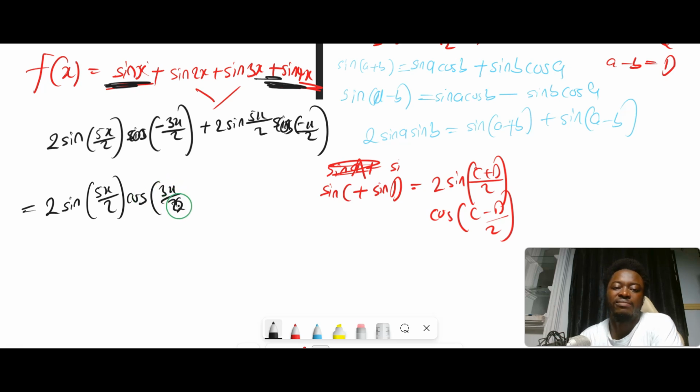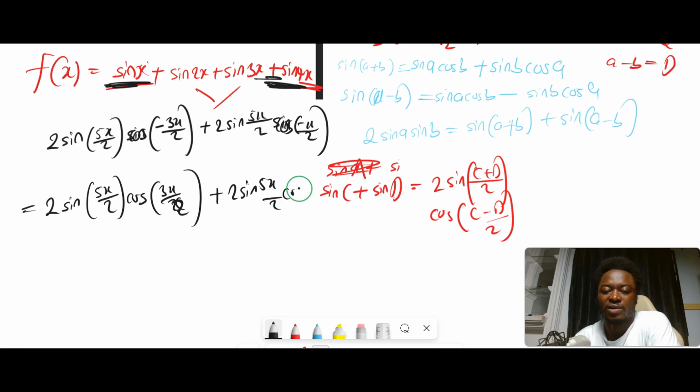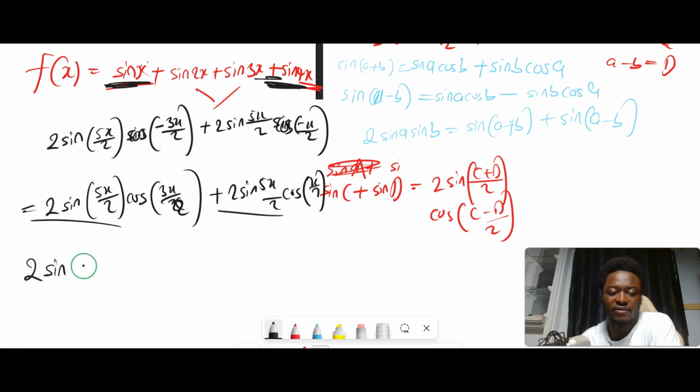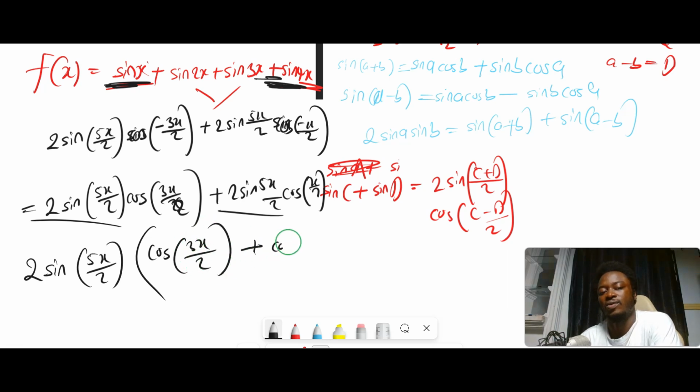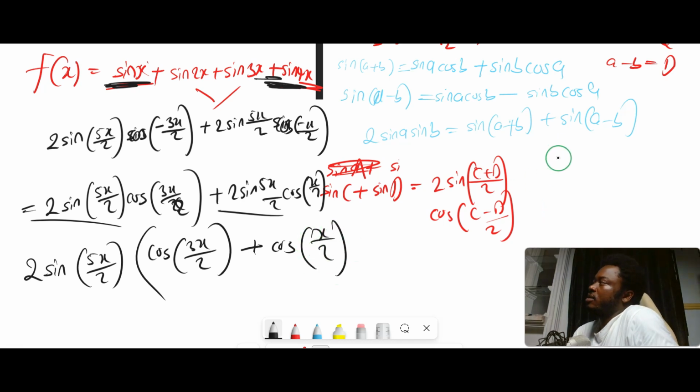For cosine, the minus sign does not matter for us, so we just forget about it. Plus twice of sine of 5x over 2, and then you have cosine of x over 2. So now we need to factor out sine of 5x over 2. So you have twice the sine of 5x divided by 2, and then you multiply this by cosine of 3x over 2, plus cosine of x over 2. So it remains to find the addition and subtraction formula for cosine A plus cosine B.